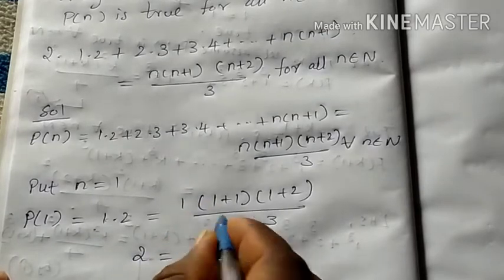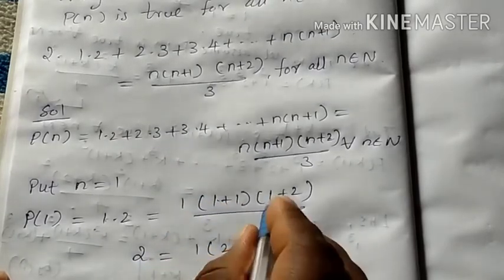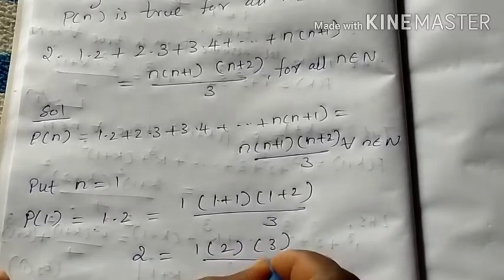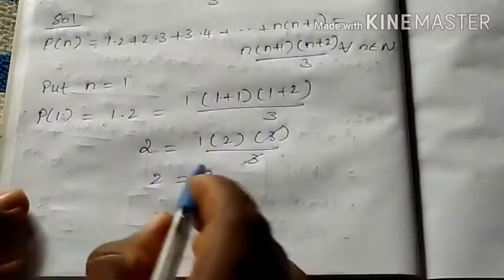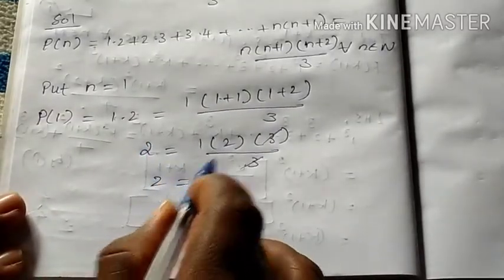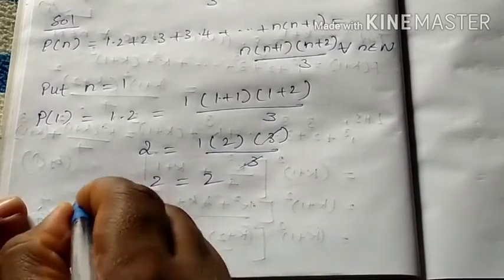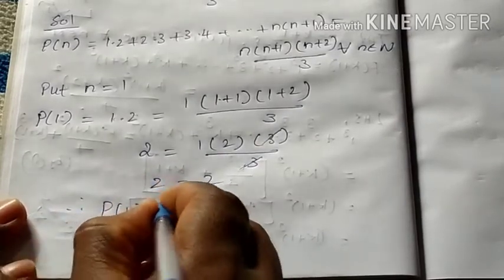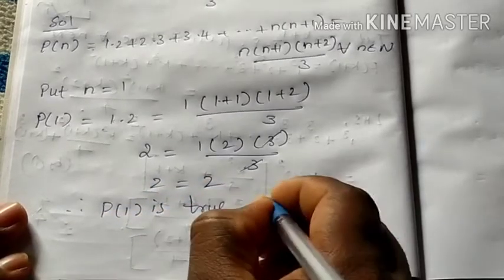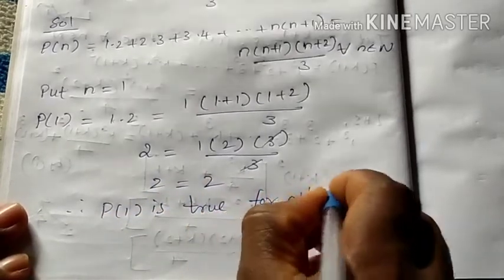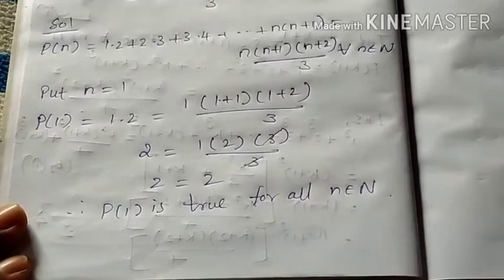So 1 into (1+1) is 2, 1 plus 2 is 3, divided by 3. 3s are cancelled. So 2, which is equal to 1 2s are 2. Therefore p of 1 is true. Therefore p of 1 is true for n belongs to N.